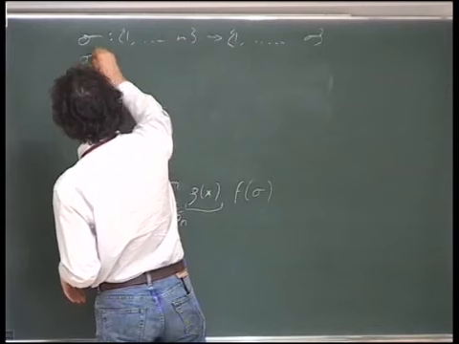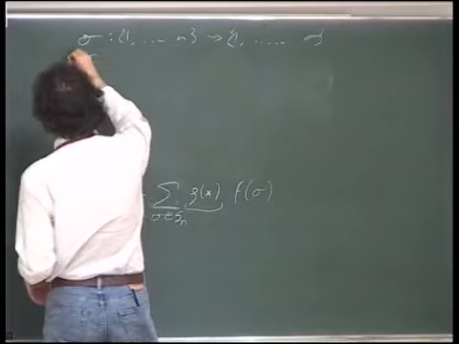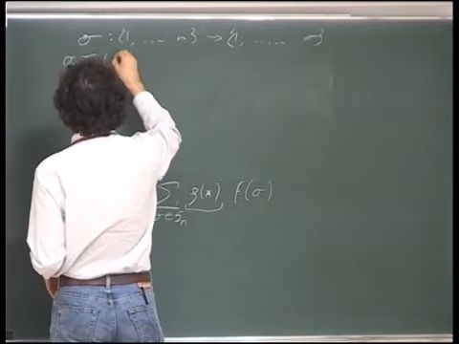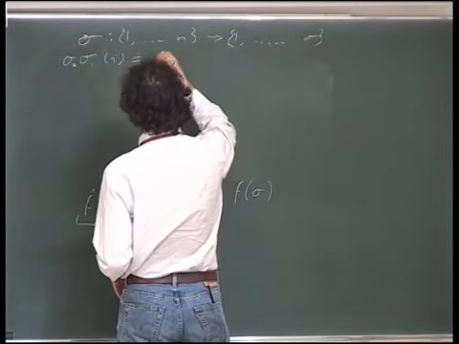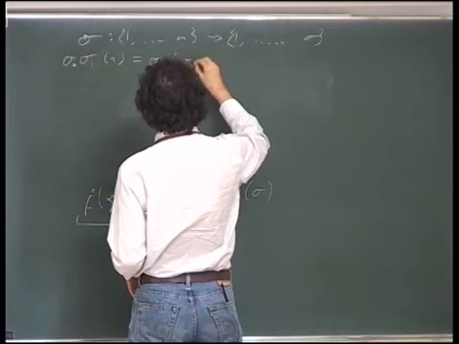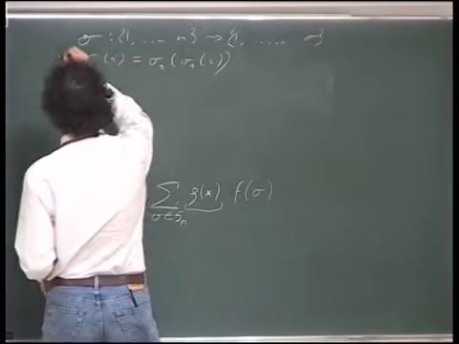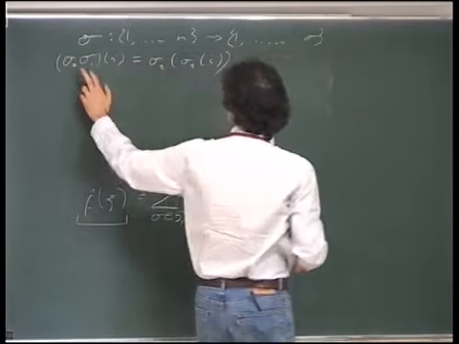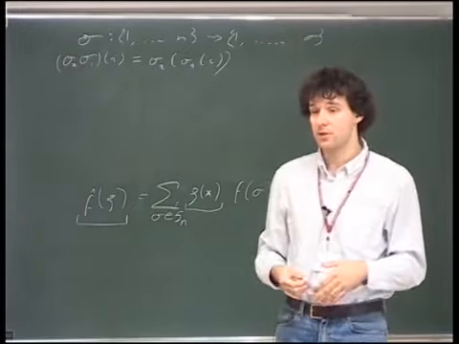So if you have two permutations, sigma 1 and sigma 2, then the product of those two is defined as the map which just corresponds to doing sigma 1 first and then sigma 2. Okay, so this is our notion of multiplication on permutations.